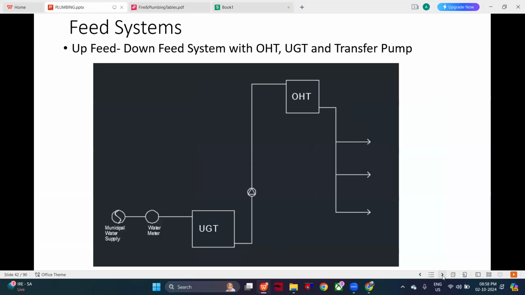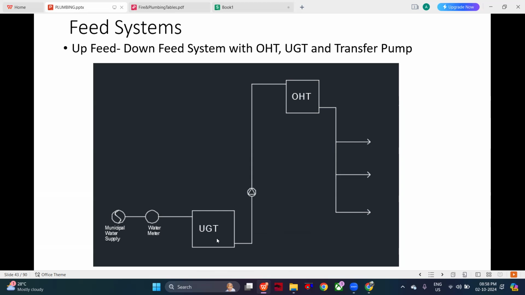And upfeed system with OHT, UGT, and transfer pump. Here we have the upfeed system and downfeed system: the municipal water supply and the water meter, and the water will be stored in your underground tank.